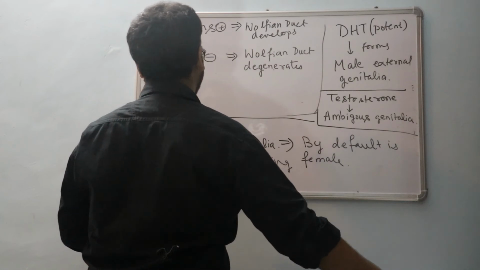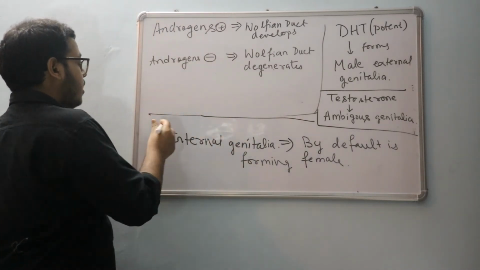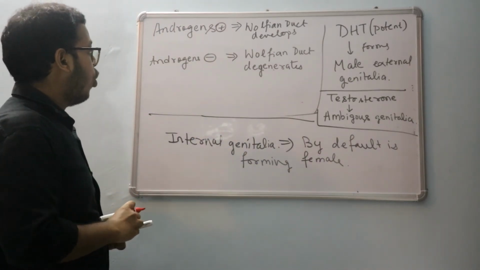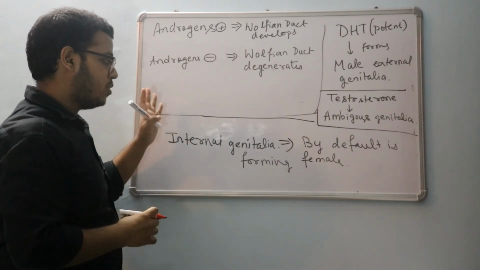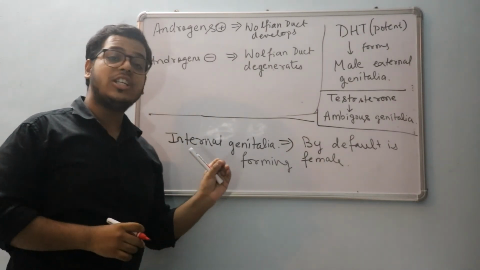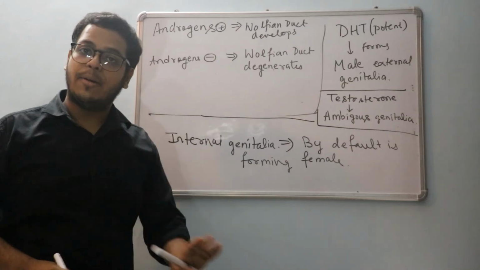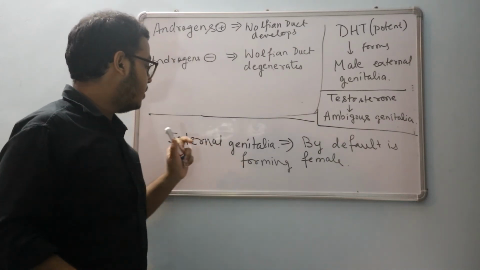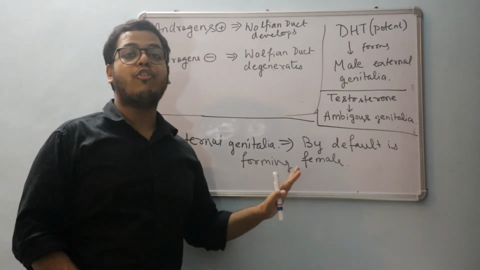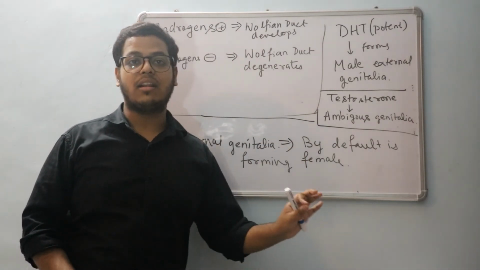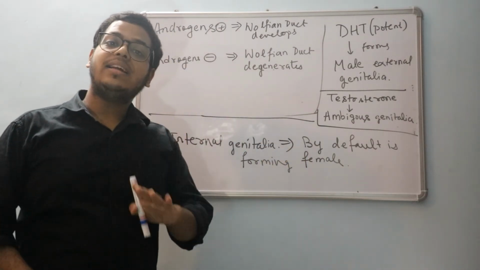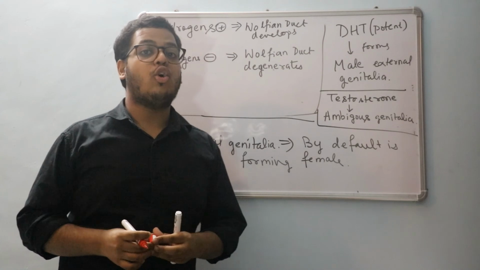And the most important thing that I want to tell is that even if the androgens are present, or even if the androgens are absent, and if estrogen is present, or even if estrogen is absent, that is no hormones present, the internal genitalia will by default form as female internal genitalia. That is, Mullerian duct does not require any hormone.